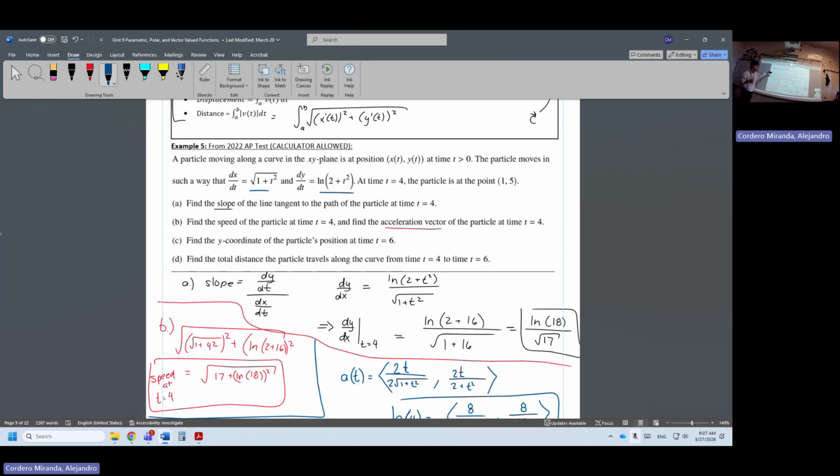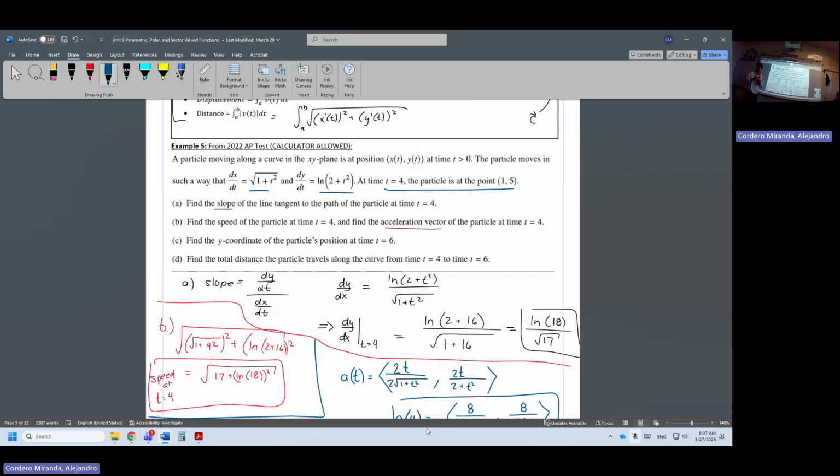We did A, we did B, and now C is asking: find the y coordinate of the particle's position at time 6. If they had asked us at time 4, then we would know the y coordinate, but of course that would be a strange question. So they asked us at time 6, but maybe you have an intuition that time 4 will give us some insight into where the particle is at time 6.